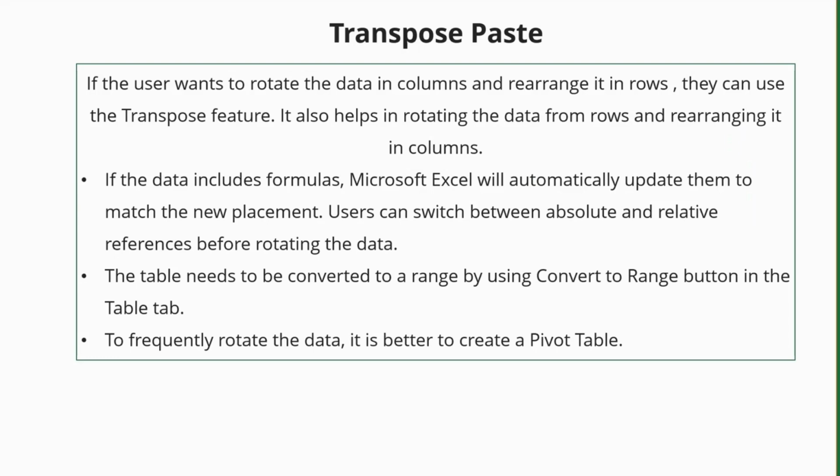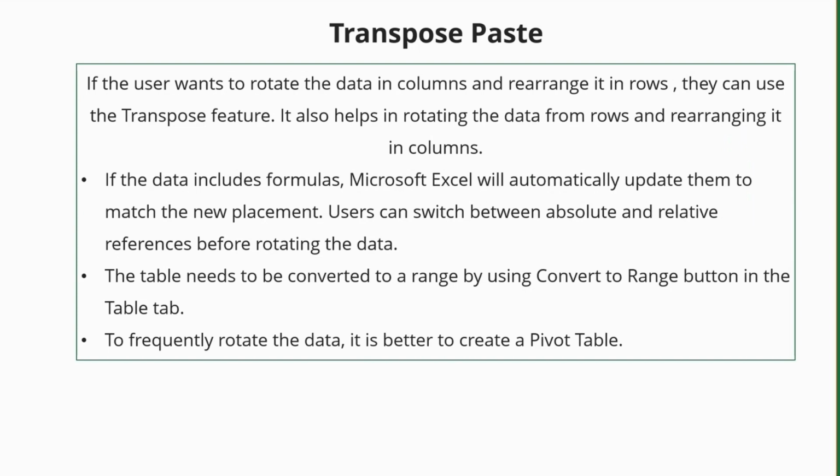So you have to make sure that you are computing the data properly using the proper formulas, and then when you are changing it, making sure that the formulas have also updated, right? Because if you have computed it in rows, it will be computed in columns now since you have used transpose paste as a feature.